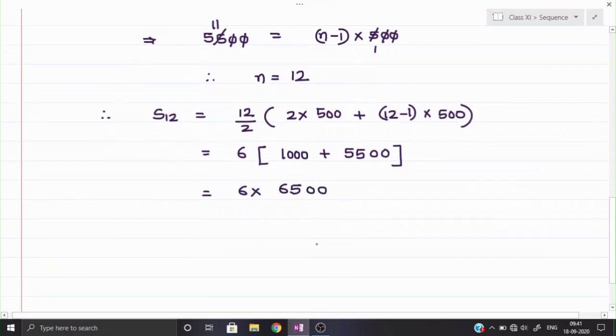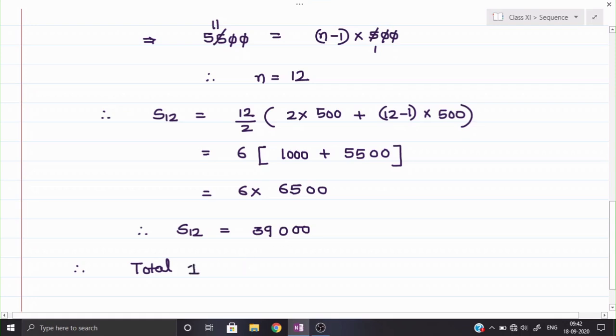So S12 is equal to 2 zeros will come, 6 5s are 30, again one more 0, remaining 3, 6 6s are 36 plus 3, this will be 39. Now this value I am keeping in the place of the bracket. Remember, this is not the total interest.